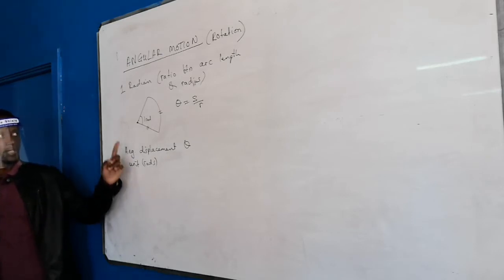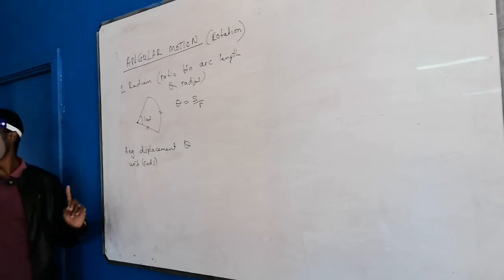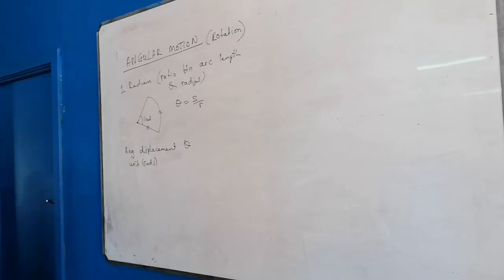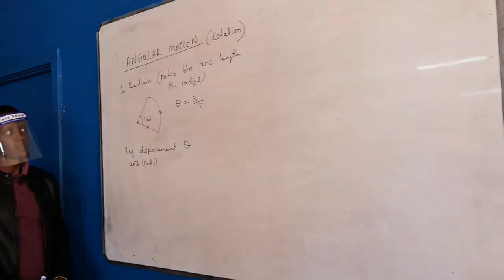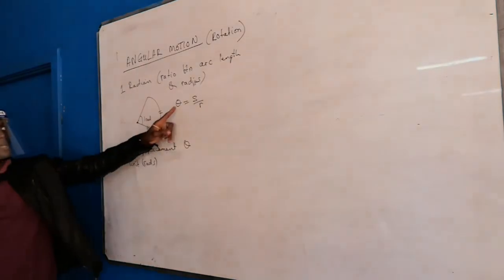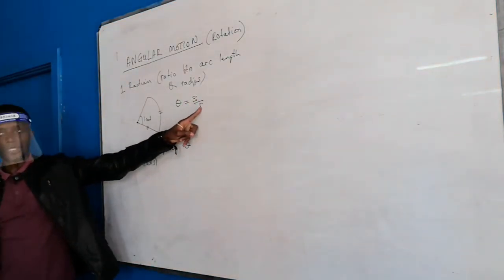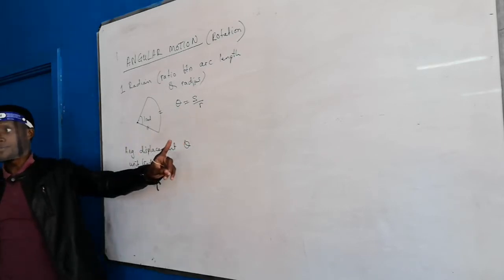The reason is that radians are easy to convert to a straight line movement. Instead of using degrees will give us a lot of weight if we are to convert to a straight line movement. Radians are easy because if it's a straight line movement, you just calculate theta times the radius, you get a straight line movement. Okay?